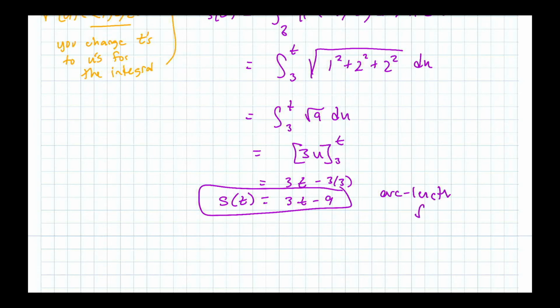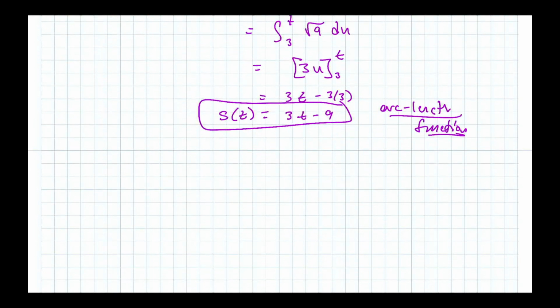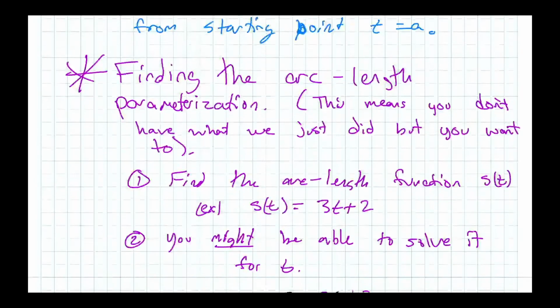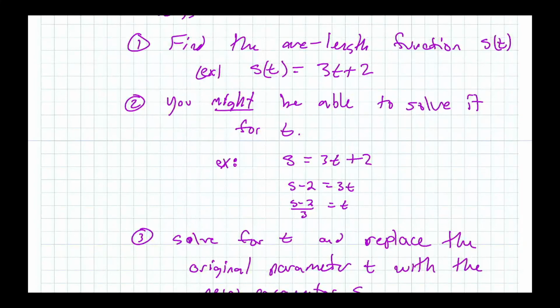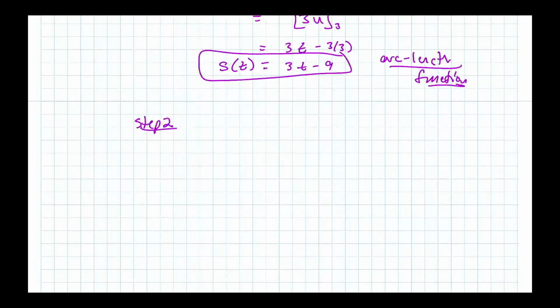Okay, so step 2 was you might be able to solve that for t. So try to solve that for t. So we just go s equals 3t minus 9.